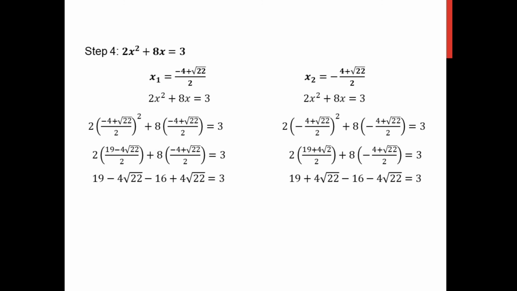Then we can apply the cancellation law here in 2 and 2. So we have 19 minus 4 square root of 22 minus, the same here, in 8 and 2 we can cancel. So 8 divided by 2 is 4. So 4 times negative 4 is 16, plus 4 square root of 22, equals 3.